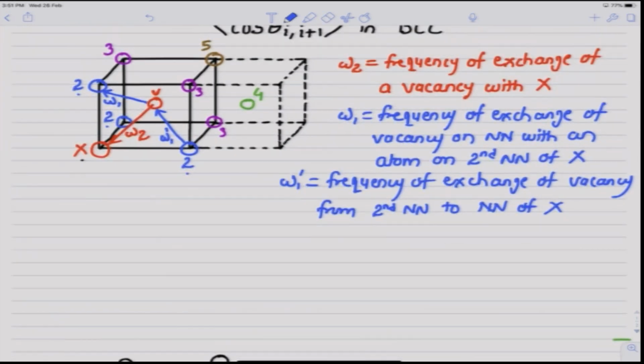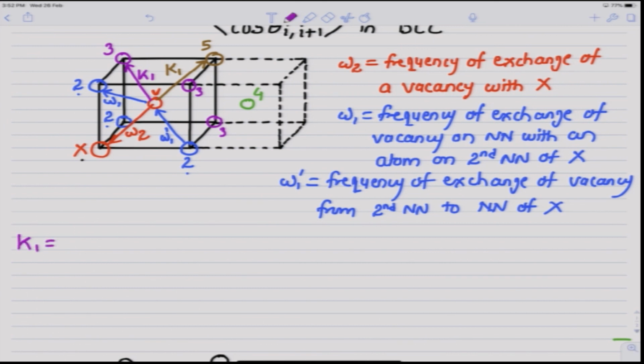Then there are third nearest neighbor and fifth nearest neighbor, which lie in the same cube. So, the frequency of exchange with them is denoted as K1. So, the K1 can be indicated like this, V to 3, and also to the 5th nearest neighbor from nearest neighbor is also denoted as K1.